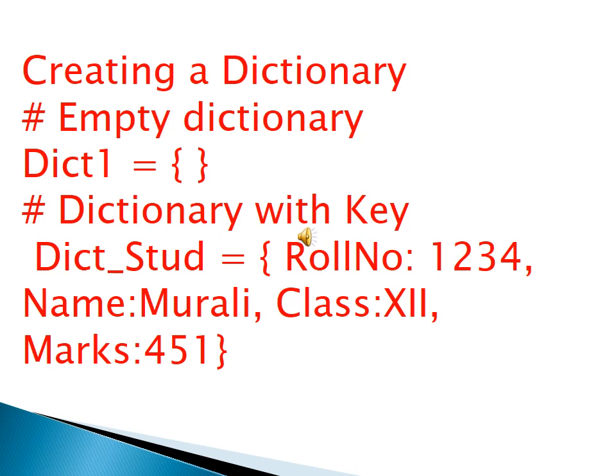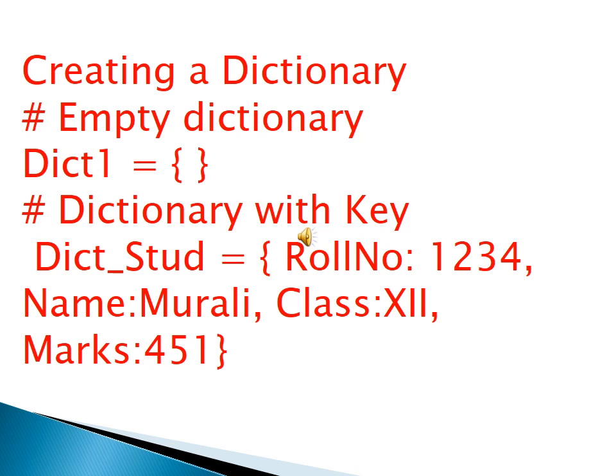Okay. How to create a dictionary? We are going to discuss creating a dictionary. See this empty dictionary: dic1 equal to opening and closing curly braces. Inside it, there is no element, so this is called an empty dictionary.